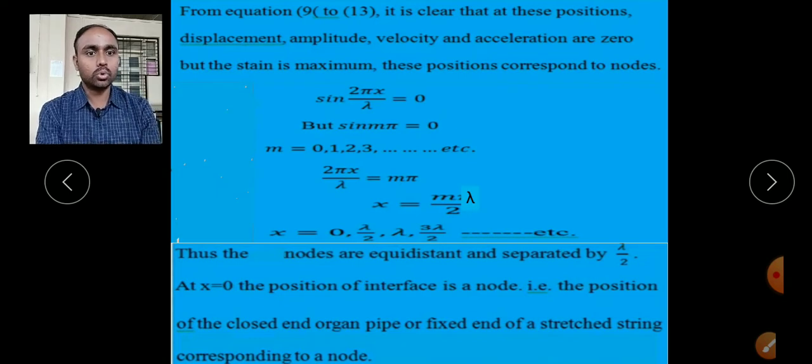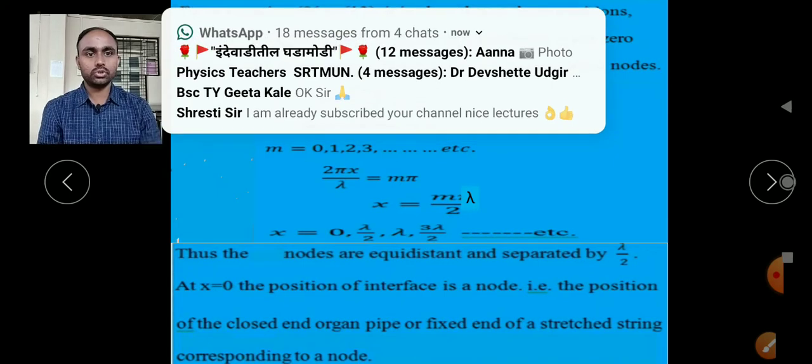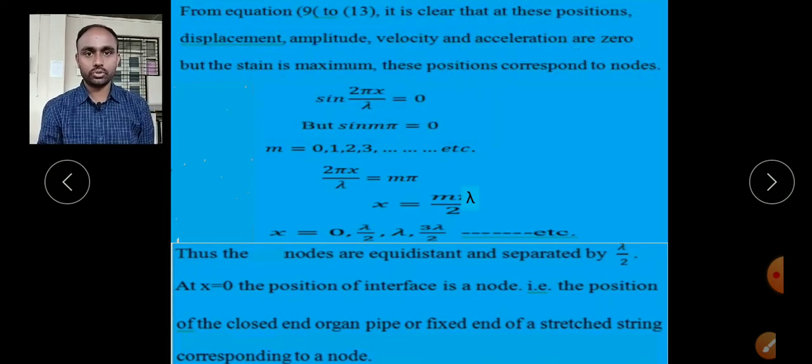Thus, the nodes are equidistant and separated by lambda by 2, and at x is equal to 0, the position of the interface is a node, because when we talk x is equal to 0, this is the position of the interface or mean position, and at that point we have a node. It is at the interface, at the boundary, that is the position of the closed end organ pipe or a fixed end of a stretched string corresponding to a node.